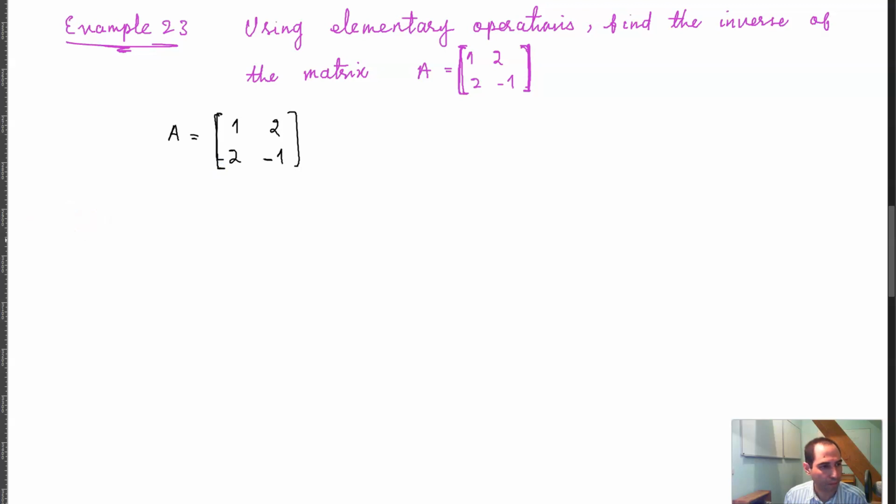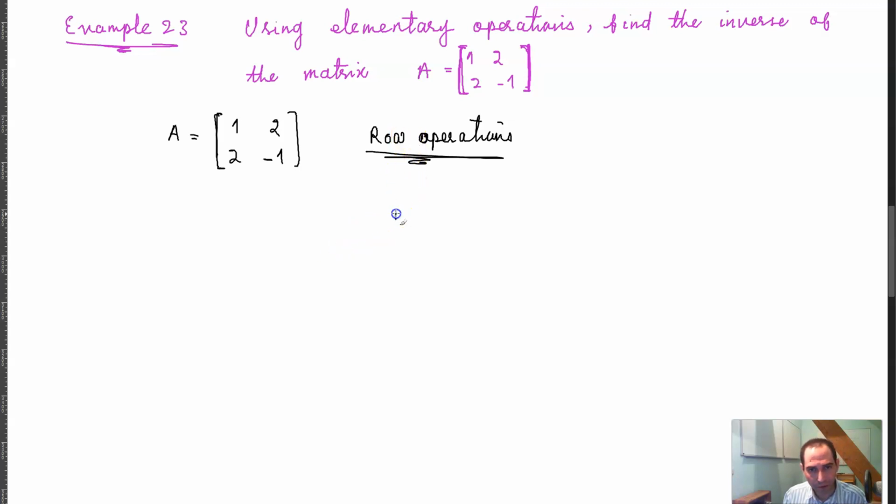I want to find the inverse of this matrix using row operations. Using row operations means that the operations have to be done on the matrix on the left, right?